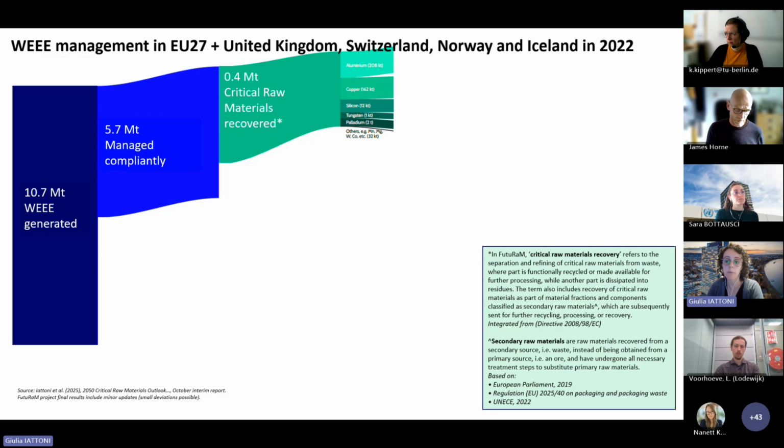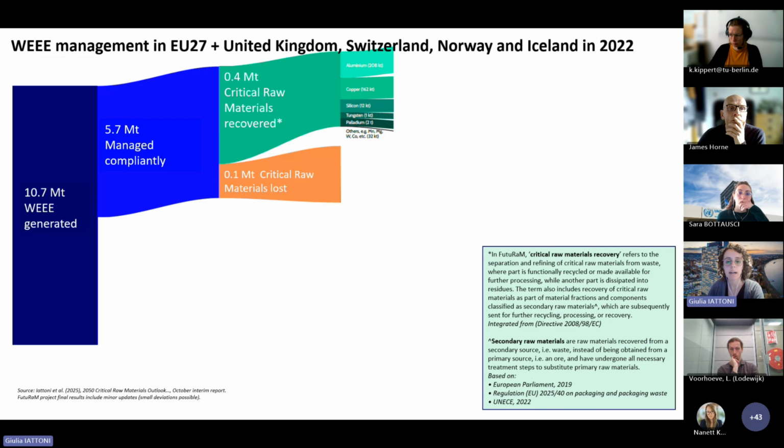This means that part of this quantity will be functionally recycled at elemental level or made available for further processing, while another part will be dissipated into residues, and we cannot distinguish between these two quantities. This is because not all critical raw materials that are present in the secondary raw materials are technically or economically recoverable. There are barriers or enabling factors that should be considered, and you will hear more information on this in the next part of the session.